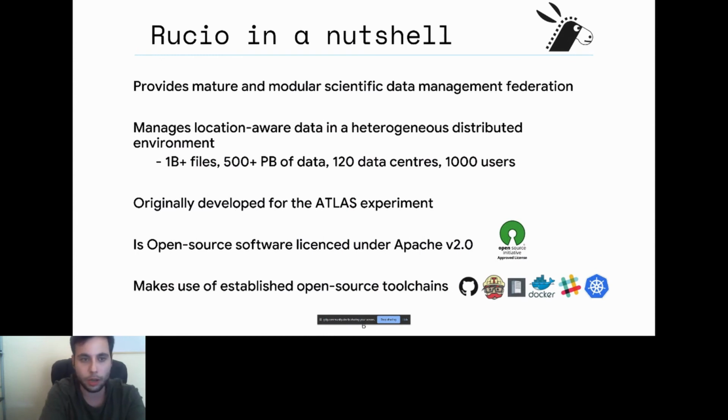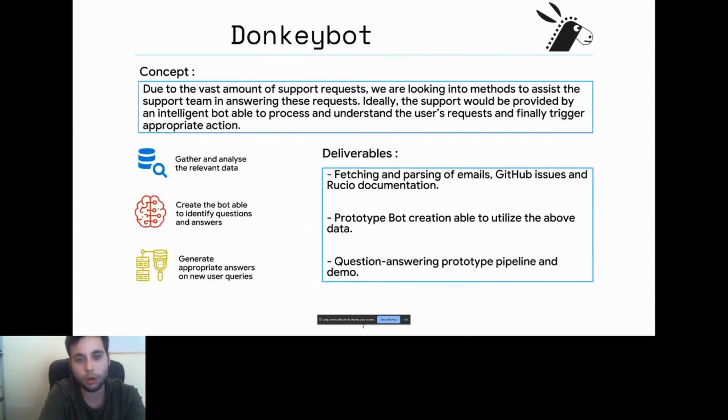So my project, the actual project, DonkeyBot, the concept for the thousands of users that I mentioned before, is that Rucio developers get a lot of support requests through emails, and we wanted a way to assist the team in answering these requests.